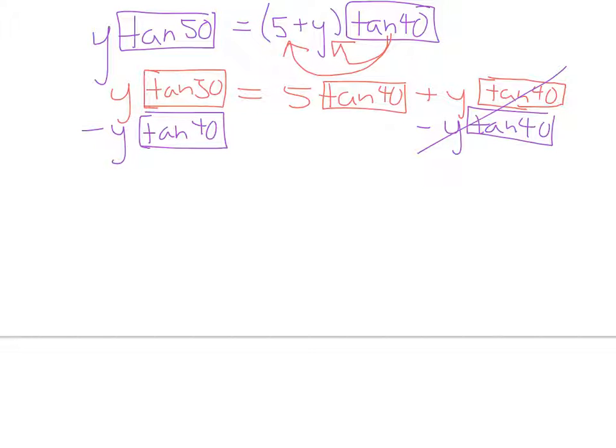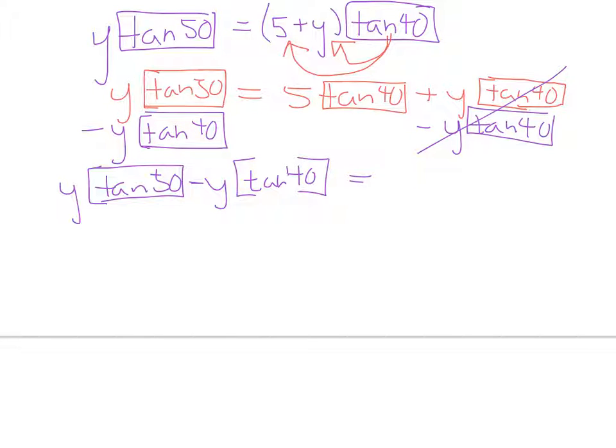So just like if it was 6y and 7y. So now we have y times the tangent of 50 minus y times the tangent of 40 is equal to 5 times the tangent of 40.